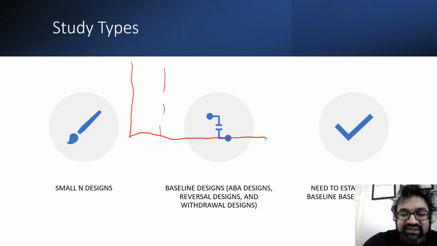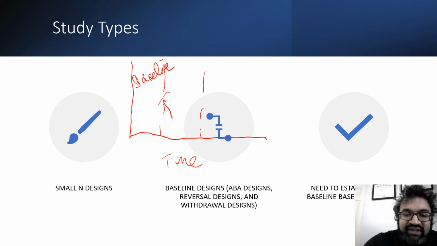So first of all, let's do an x-axis, y-axis, and then divide this up into 3 time intervals. The x-axis is looking at time. And say you have baseline, and then you have an intervention, and then you have another back to baseline.